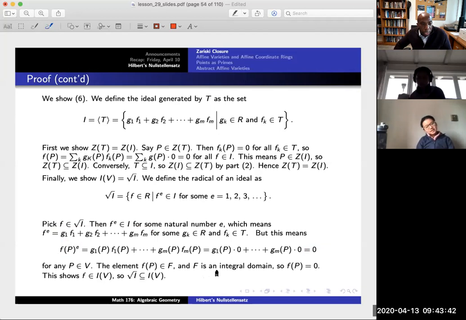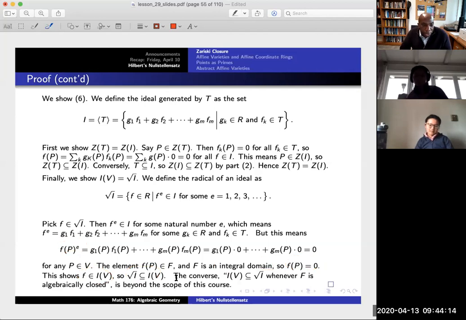But we're working inside of an integral domain, so if the power here is 0, then the function itself evaluated at P has to be 0. Of course, this means that f itself vanishes everywhere. So we have here containment in one direction. One direction here really is not too bad.